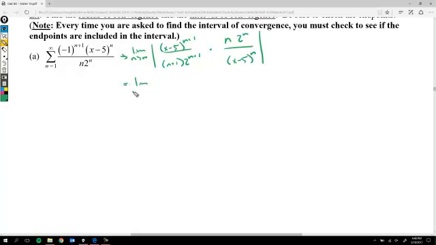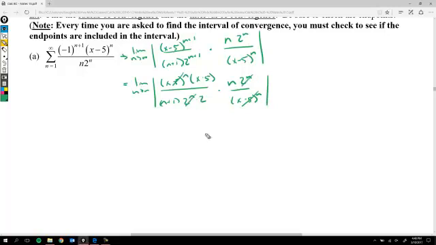Now I am going to simplify a little bit, just write some terms out. Things should always cancel, which is why we like this test.